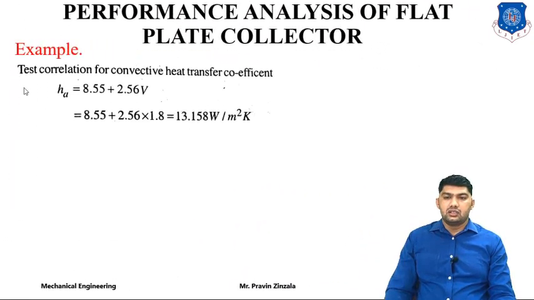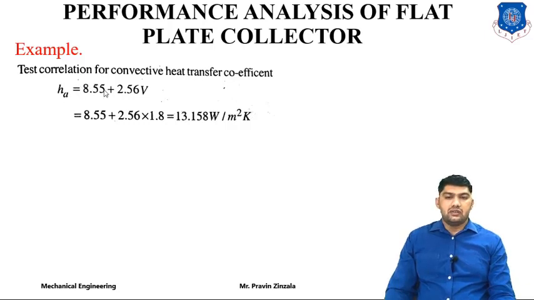The first equation in the given data also specifies the correlation to use. This is the Test correlation for the convective heat transfer coefficient, and this is the thermal equation, generally used in heat transfer.